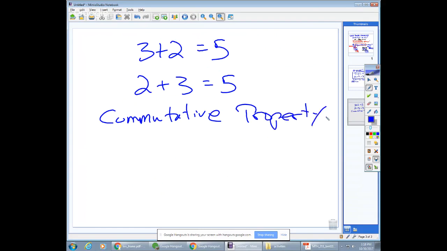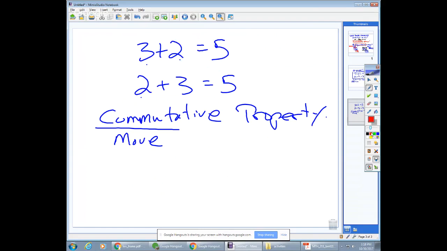Does anybody live here on campus? Housing. Of course you do, right? You commute to campus, true? And then you have to commute home. So the commutative property, commute, means to move. And notice these numbers have to move places, but it doesn't matter that they move. It's still okay. Do all operations in arithmetic have the commutative property?